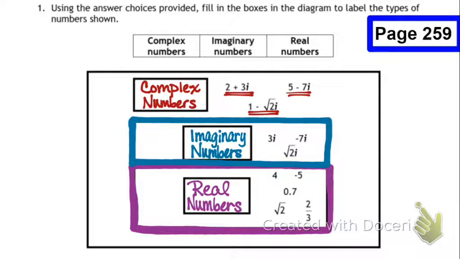Every complex number has a real part and an imaginary part. Today and tomorrow, we're going to focus on how to work with complex numbers: how to add them, subtract them, and multiply them. It works almost exactly the same as binomials that have x's with them. For adding and subtracting, it's exactly the same. Multiplying, it's almost the same.